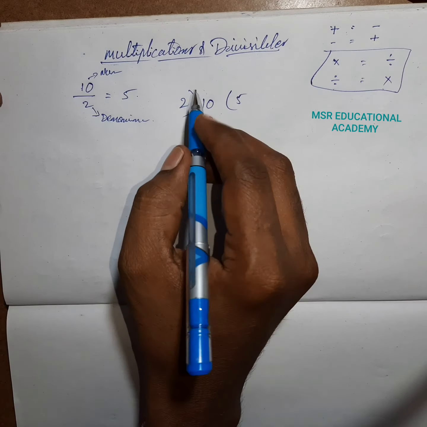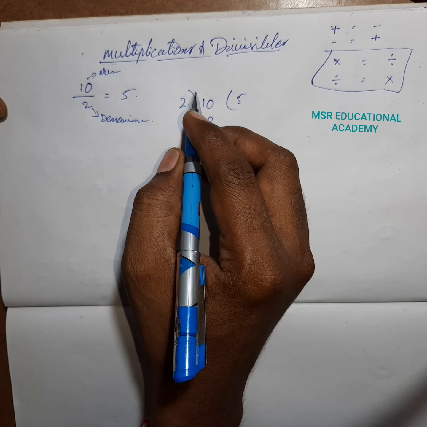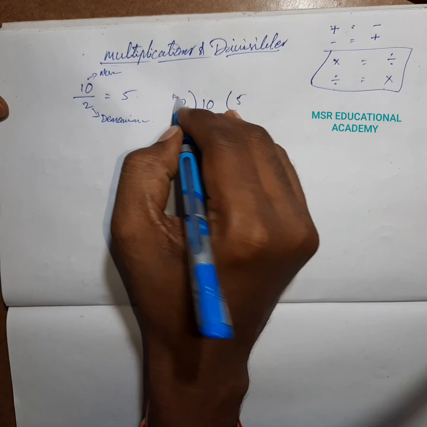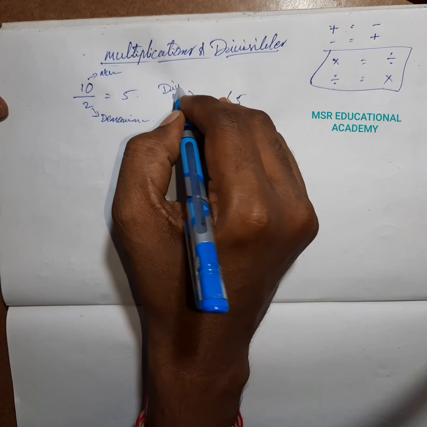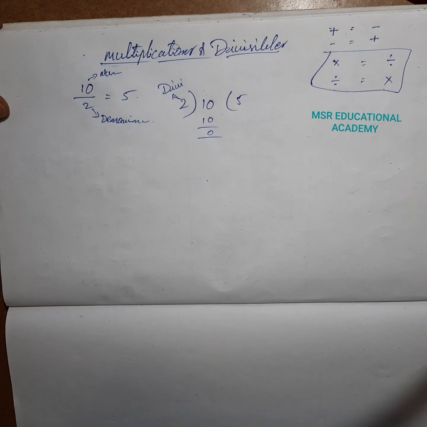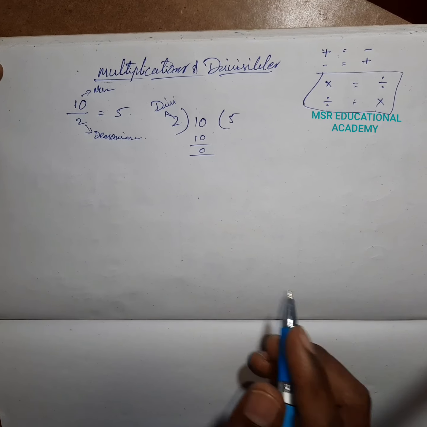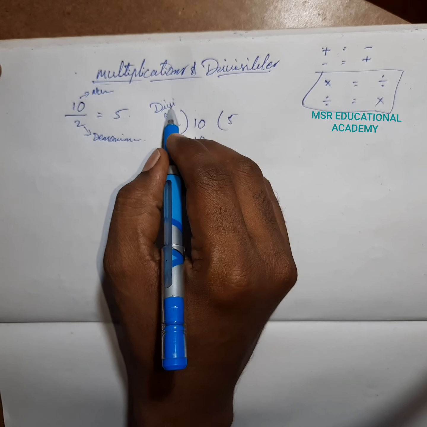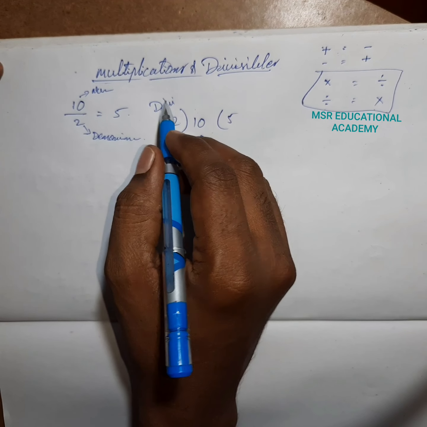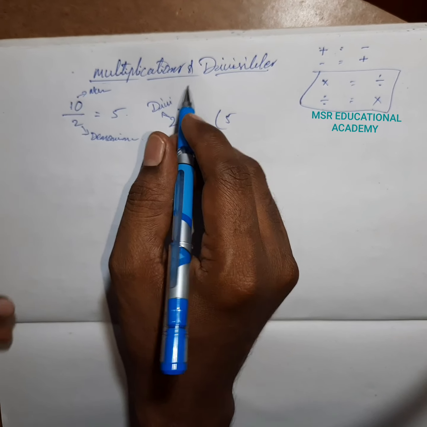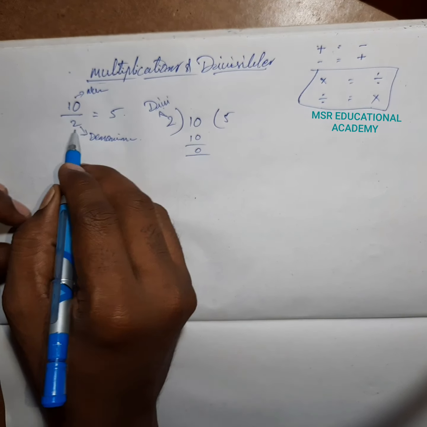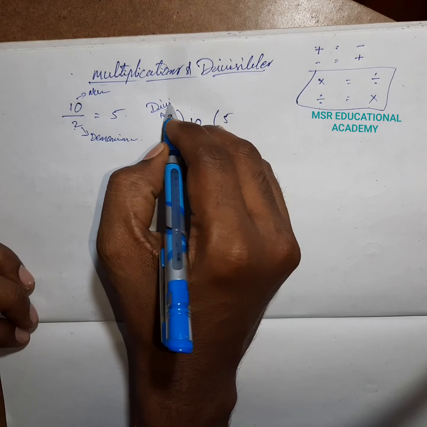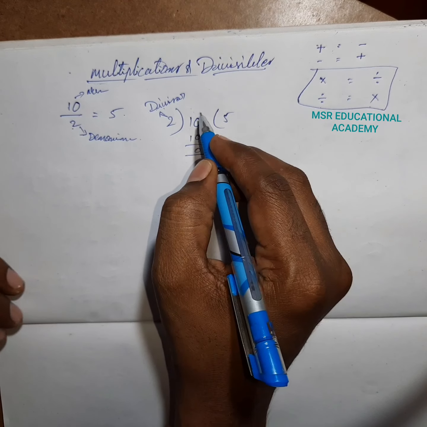This value is called the divisor, the value by which we have to divide.